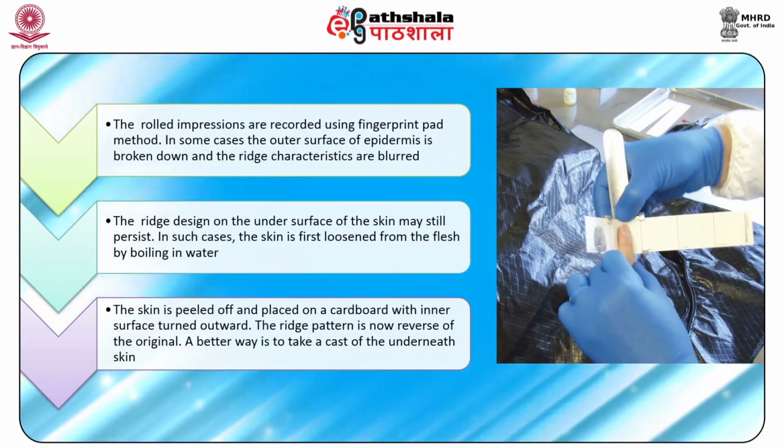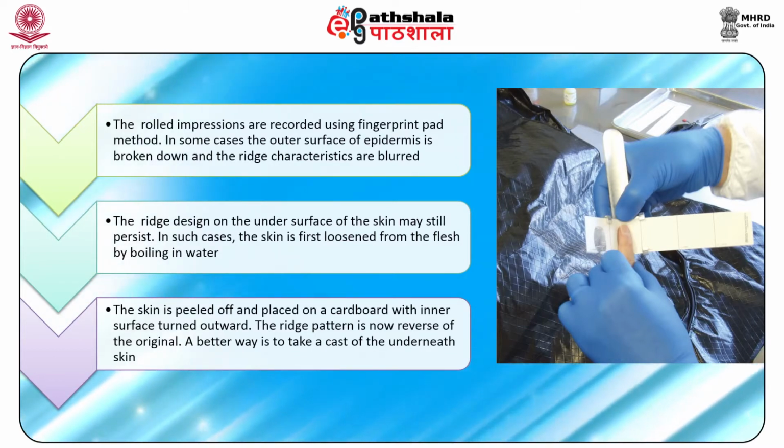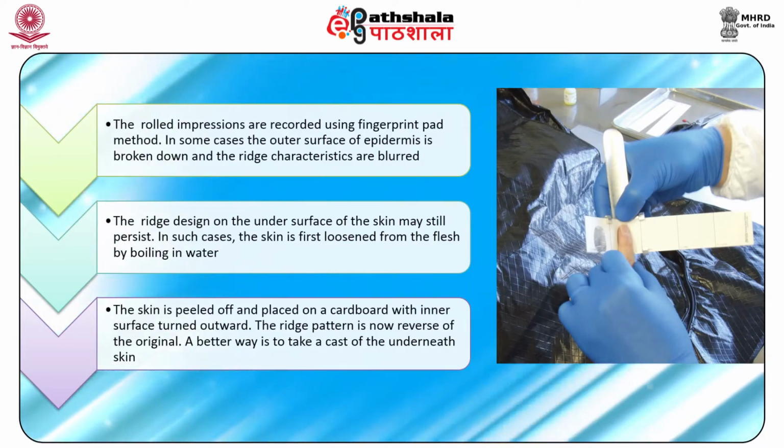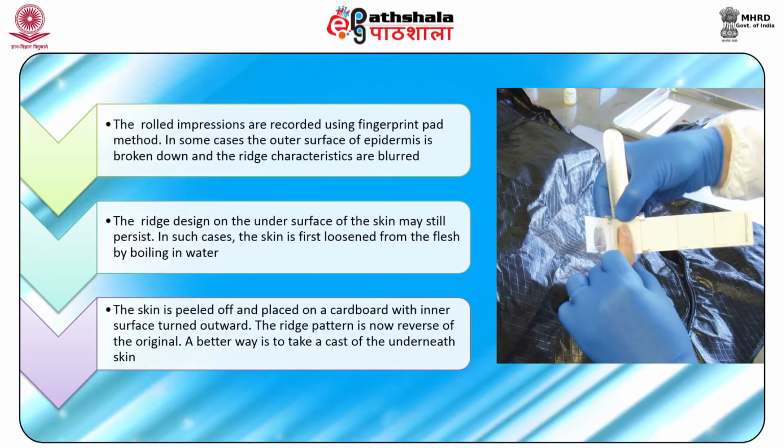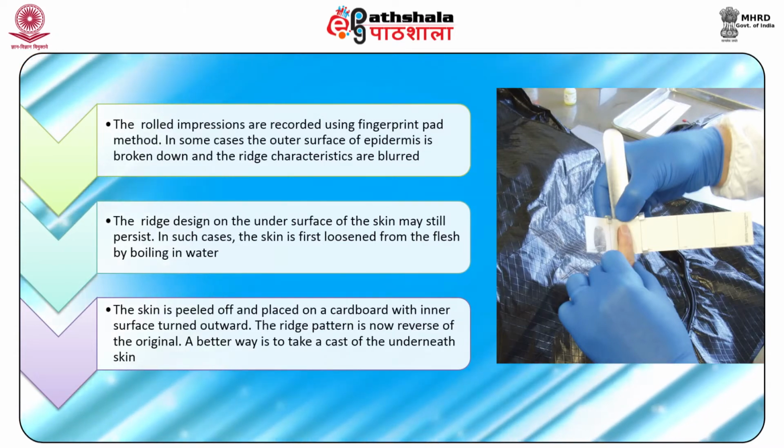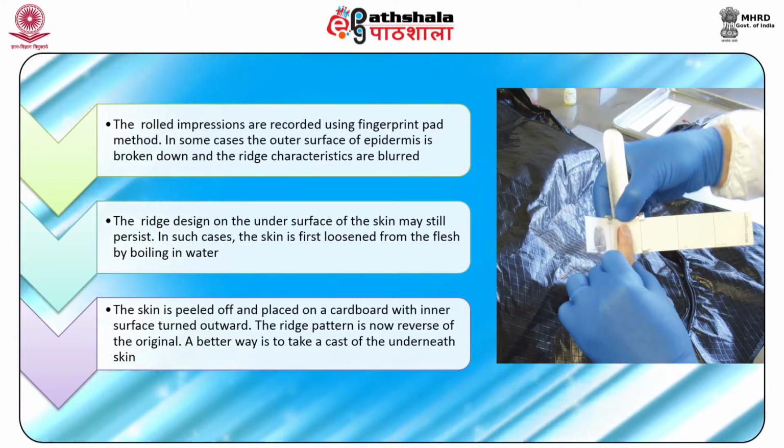Thereafter, the skin is peeled off and placed on a cardboard with inner surface turned outward. The ridge pattern is now reverse of the original. A better way is to take a cast of the underneath skin and then print from the mold.